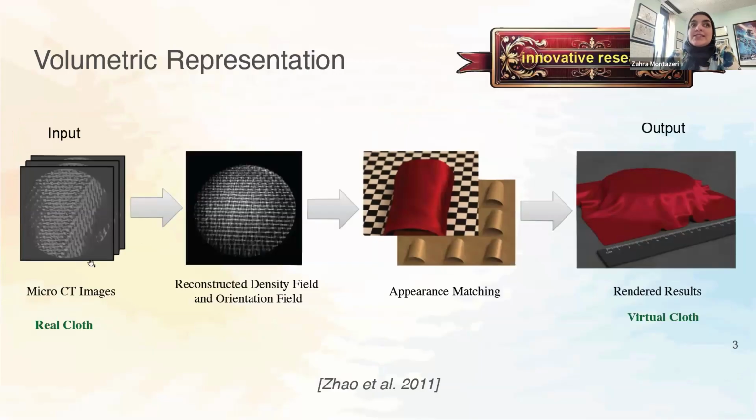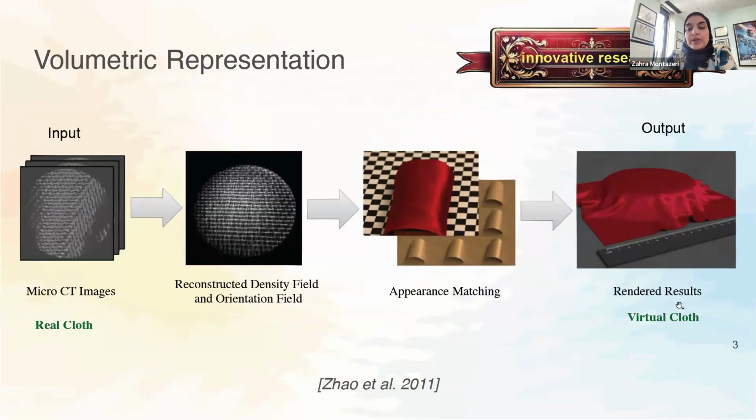Essentially, we can start with micro CT scan images. Technically, it's super crazy data: we CT scan a cloth, and then we reconstruct the density field and the orientation field, and then we do the appearance matching with a real fabric, and that's how we end up with an actual rendered result.